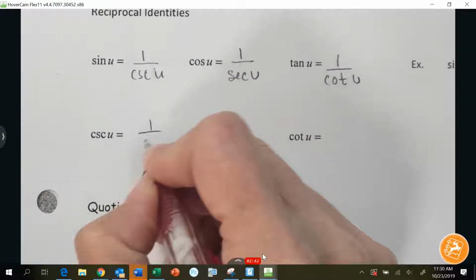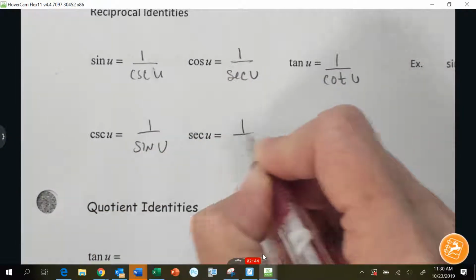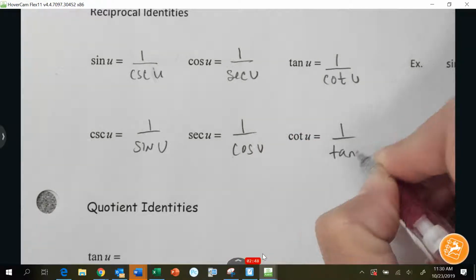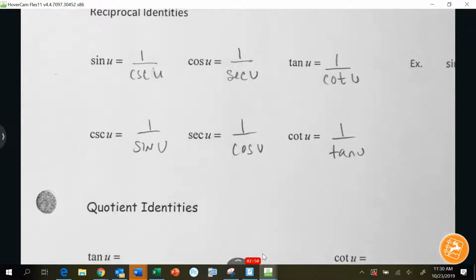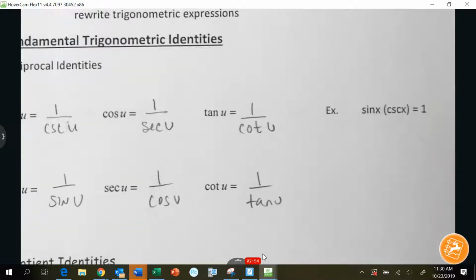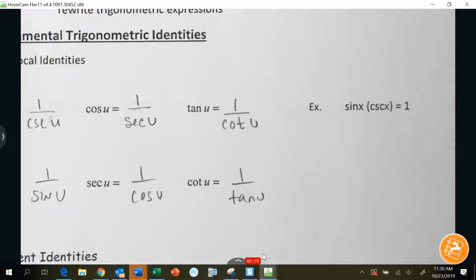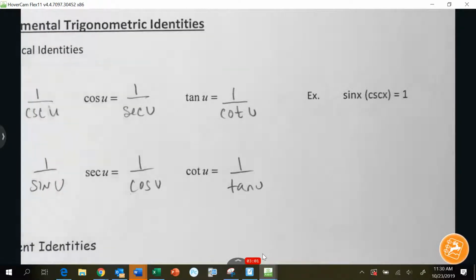So 1 over sine u, 1 over cosine u, 1 over tangent u. Now I have this little example over here that says sine x multiplied by cosecant x equals 1. I'm going to verify with you right now that that is true.